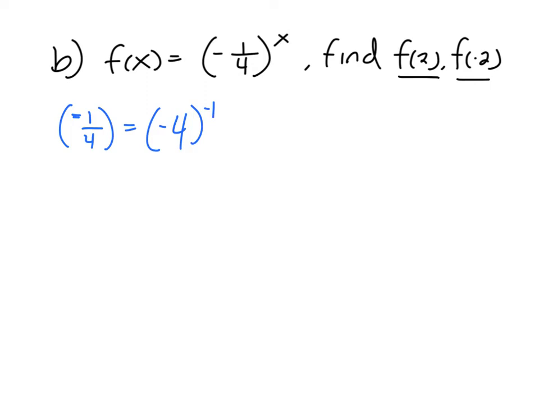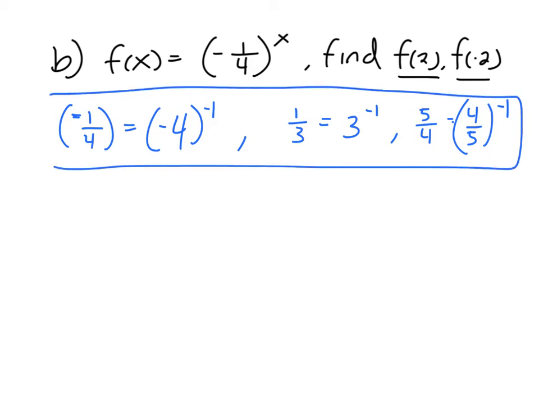If you have a different fraction, say 1/3, this is the same thing as 3 to the -1. Or if you had 5/4, that's the same as 4/5 to the -1 power. So bringing something to a negative power just basically flips the fraction. So it's going to remind us of that rule.